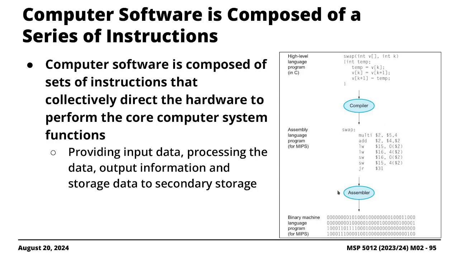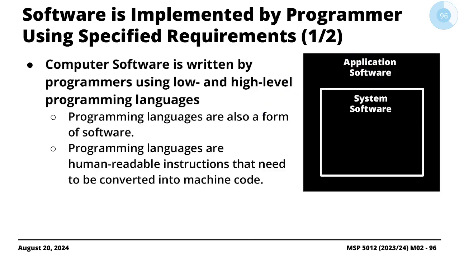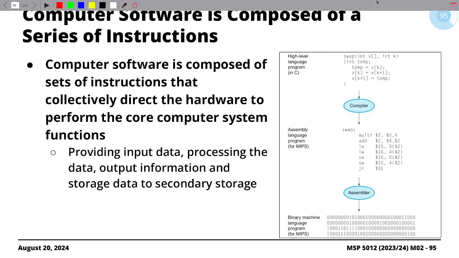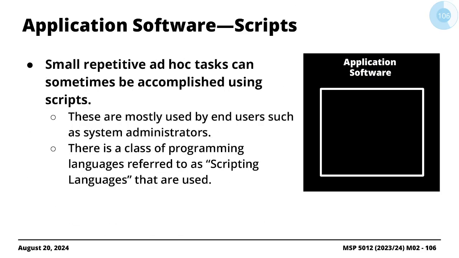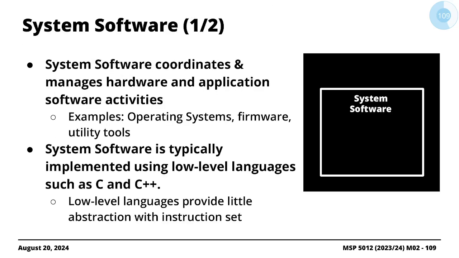Well, it turns out that typically when you're implementing application software, you use high-level programming languages, but when you're implementing system software, you will find yourself using low-level languages. Okay, because the interest here is to optimize key functionality of system software of managing hardware and application activities, in essence.